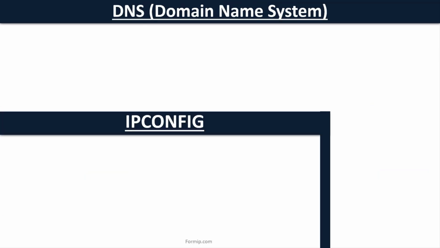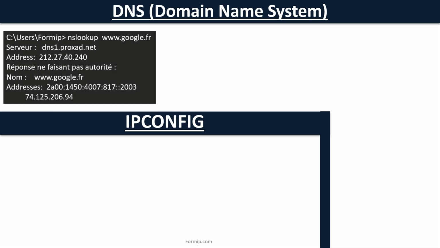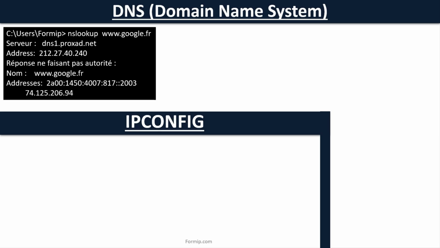We will now talk about DNS. DNS allows the names of network systems to be converted into IP addresses, to be read by the machines performing the routing. If there was no DNS, you would have to remember the IP address of each host you want to reach. For example, to go to Google, just type google.fr.